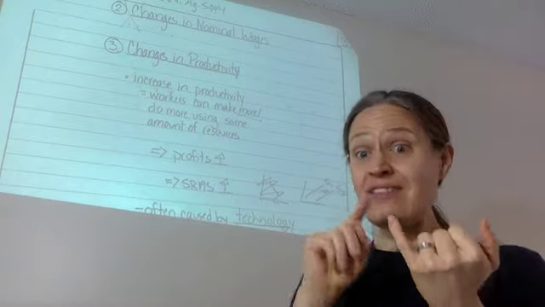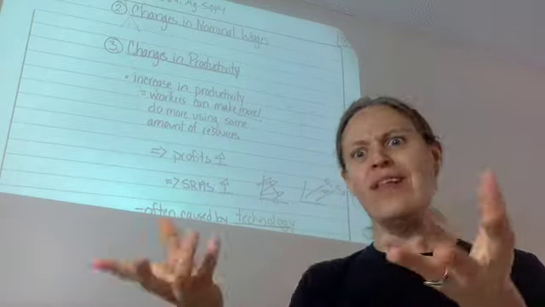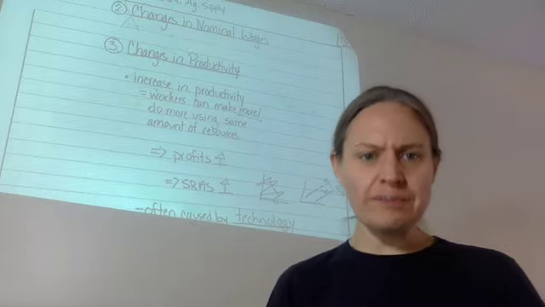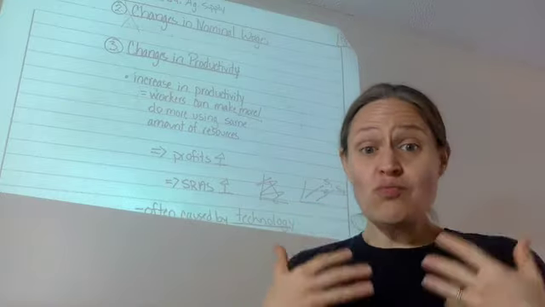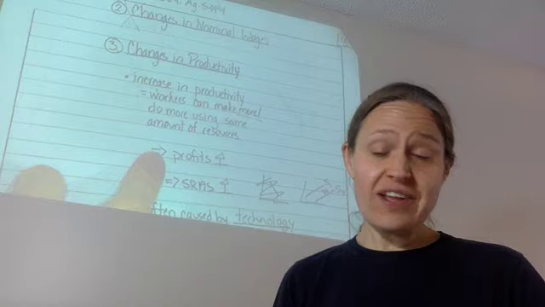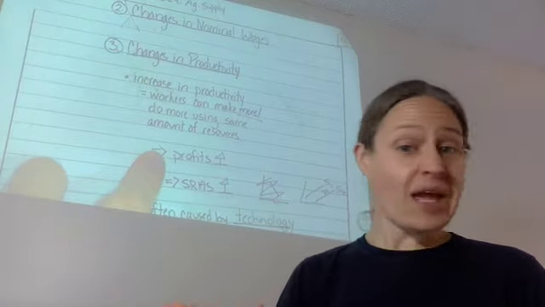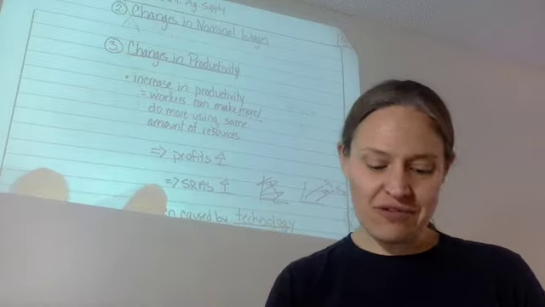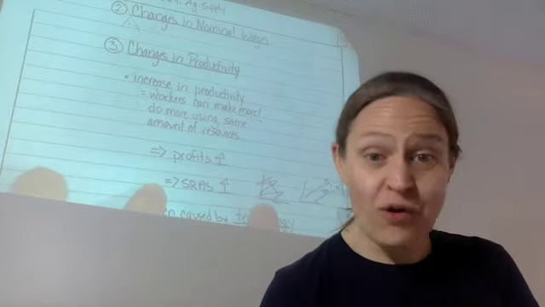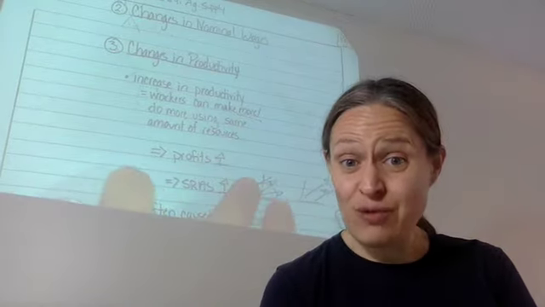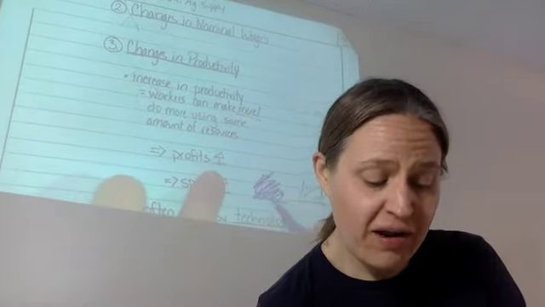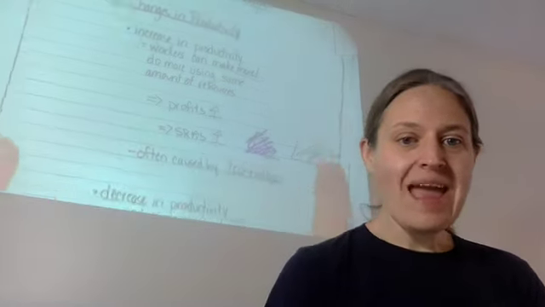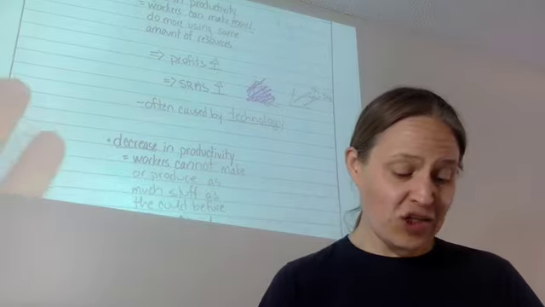That could be time, or material resources. And if workers can do more stuff, then the profits for that business go up. And just like before, if profits go up, short run aggregate supply goes up. Now, when I was writing this, I accidentally drew the wrong curve, so we scribbled it out. There's the right one. It's often caused by technology.